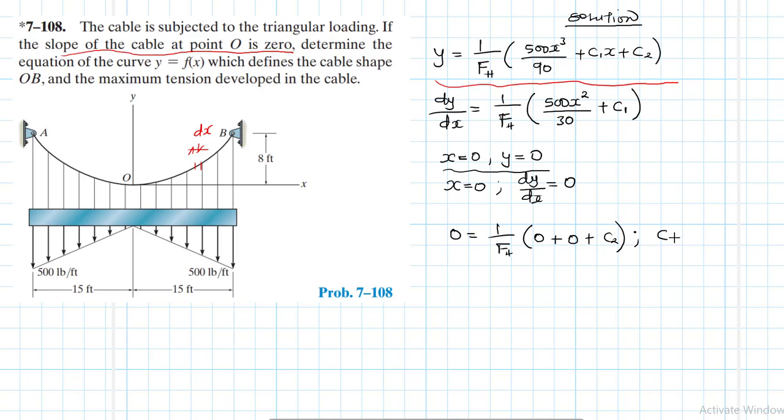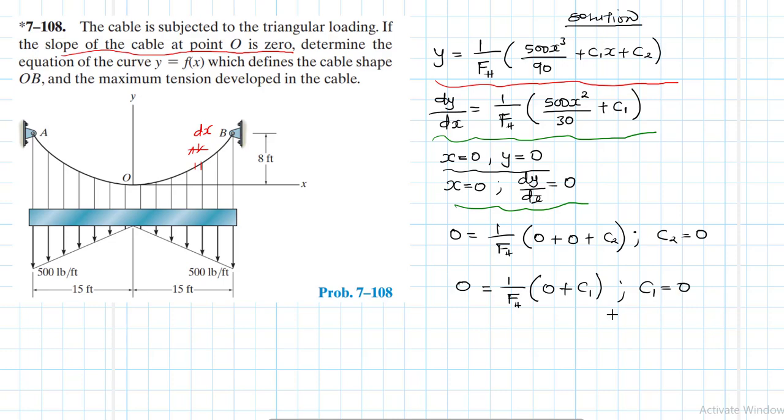Therefore, c2 is equal to 0. Let's use the second equation with these boundary conditions. So we have 0 equal to 1 over FH. What do we have there? x equal to 0, this is 0, then plus c1. Therefore, c1 is equal to 0. So both c1 and c2 are equal to 0.